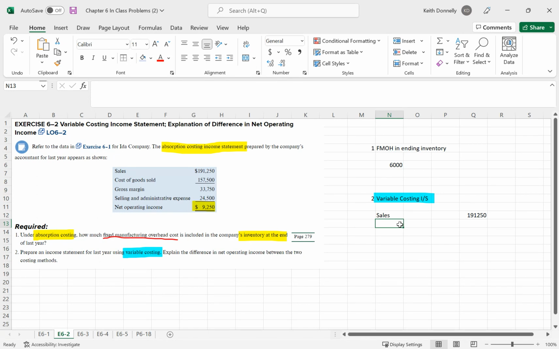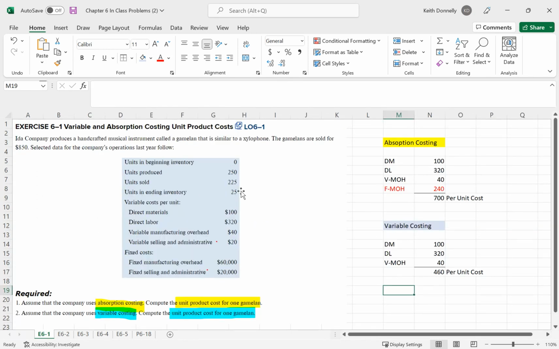We got our sales. Now we have to back out our variable expenses. It's just going to be a line item there. So we have our variable cost of goods sold. In this case, we're going to go back here. We sold 225 units, and we're using variable costing.